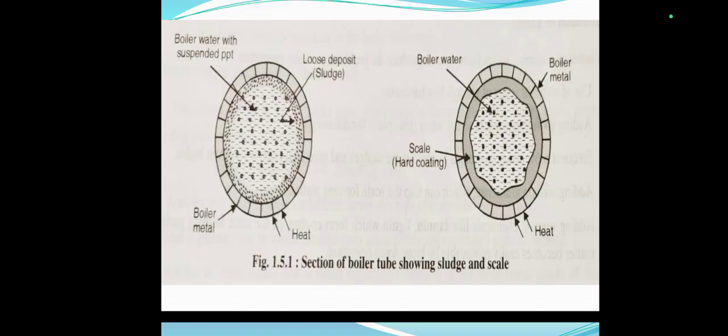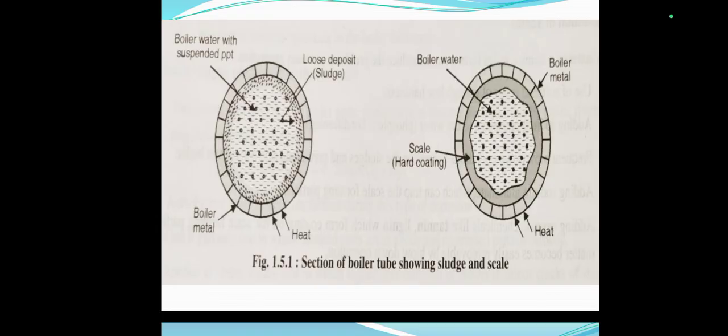And the deposition or coating of scale inside the boiler is not even. In some areas more deposition is there, in some areas less deposition is there. So whatever steam or pressure is generated inside the boiler, that pressure is not even on the surface. Why is the pressure not even on the surface? Because the deposition is uneven.